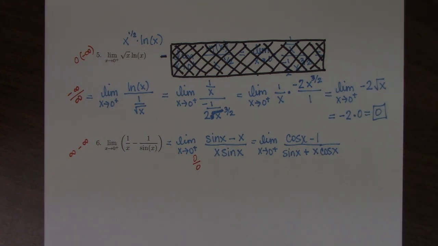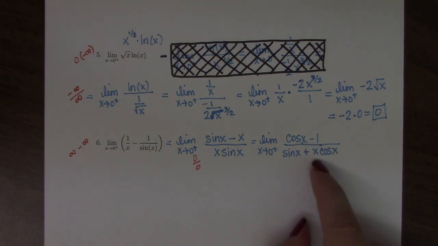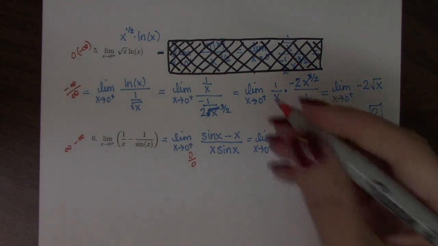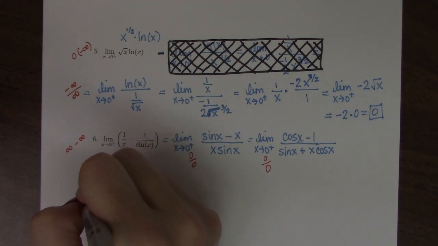So this looks like it got worse, but let's see what happens if we try to evaluate it now. Cosine of 0 is 1, so 1 minus 1 is 0. This is 0 plus 0. So we're still in 0 over 0 territory. So now let's apply L'Hopital again.